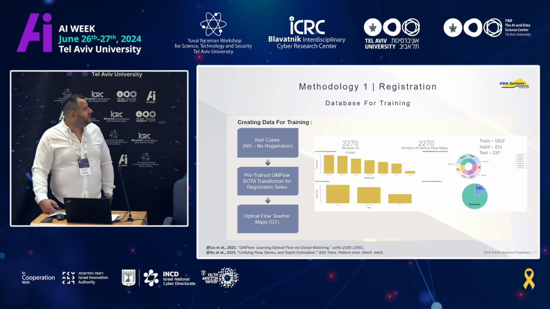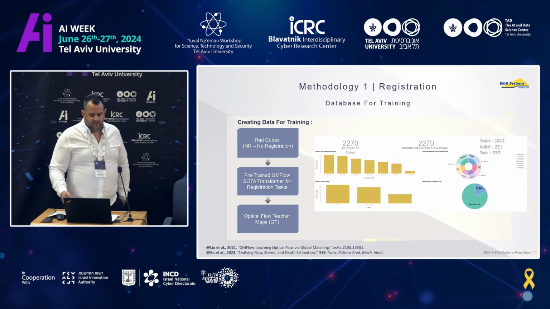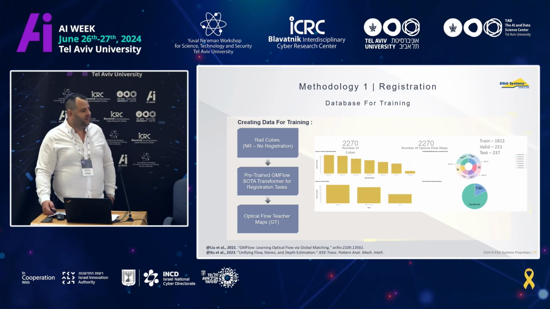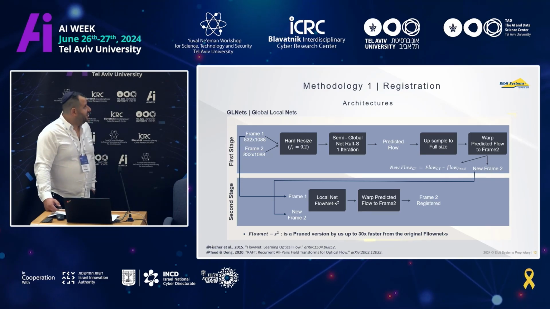As you can see, we have 2,270 optical flow maps and cubes that are divided into train, validate, and test. Methodology 1.